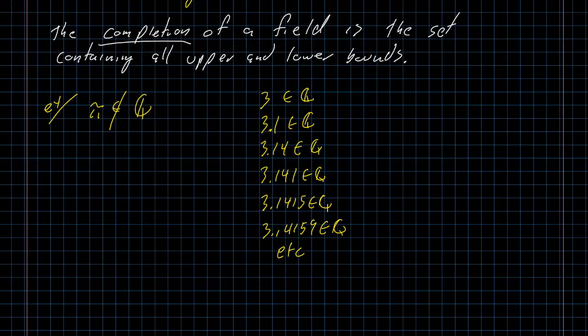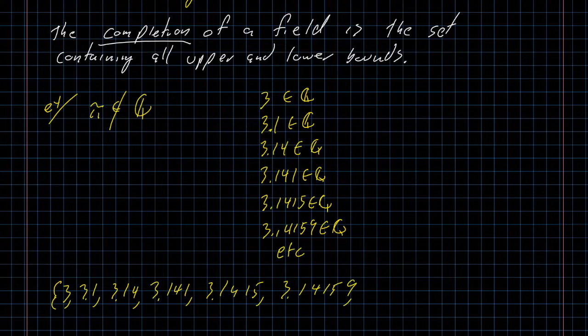And so if I create a set which is sequentially the digits of pi, each number adding one more digit in. So 3, 3.1, 3.14, 3.141, 3.1415, 3.14159, and we keep going. 3.141592, 3.1415926, and so on and so on and so on.